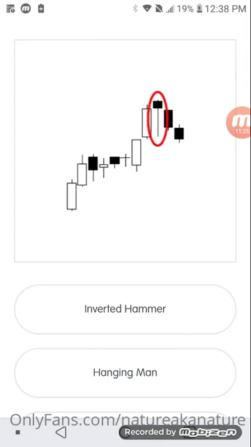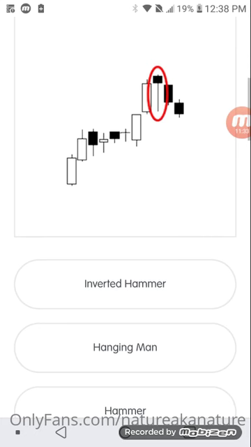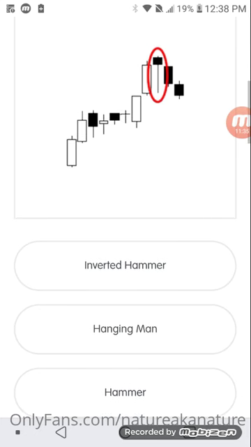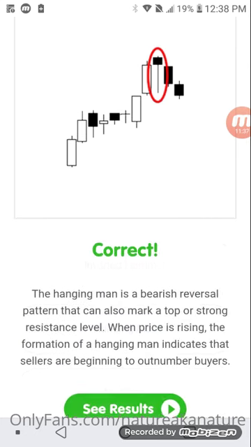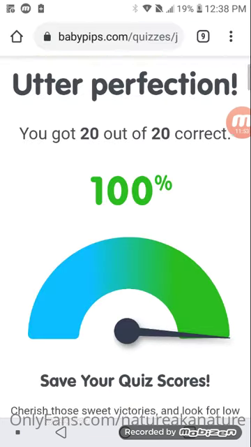It's called a hanging man because it's hanging out at the top of an uptrend. The hanging man is a bearish reversal pattern that can also be marked at the top of a strong resistance level. When price is rising, the formation of a hanging man indicates that sellers are beginning to outnumber buyers. Alright, gang, we got 20 out of 20 again.